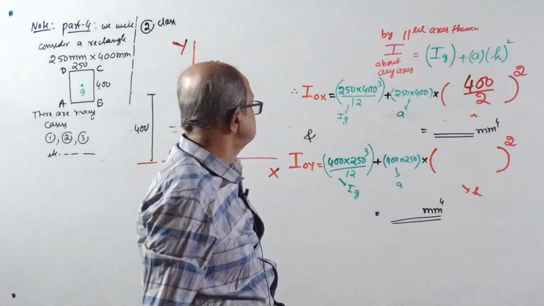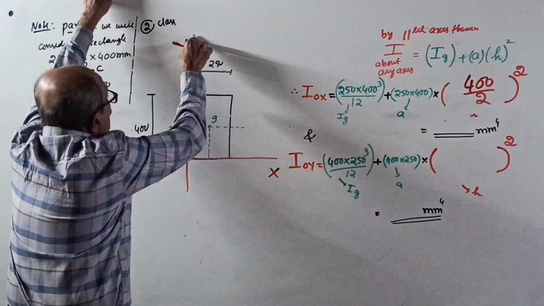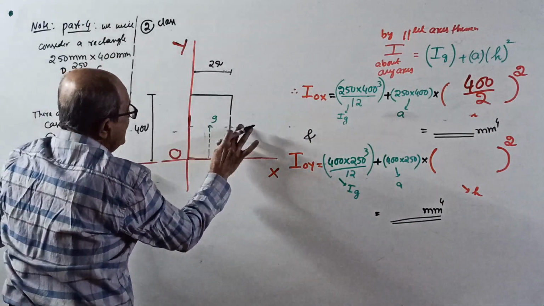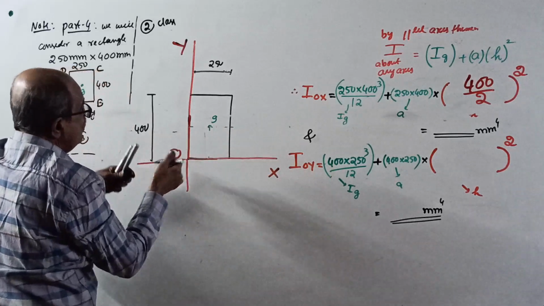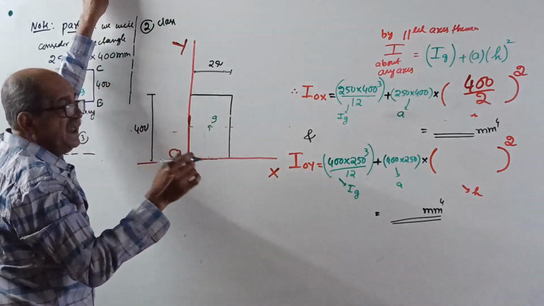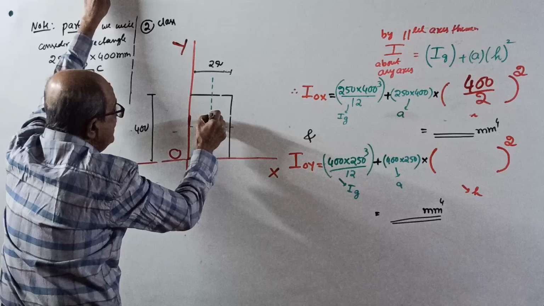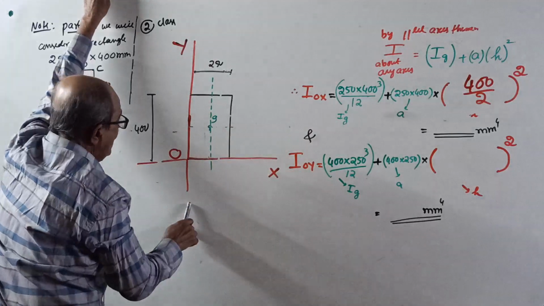The answer is not required. Now I about OY. Remove this one and take a pencil; use a pencil every time. I about an axis passing through the centroid and parallel to the required axis.